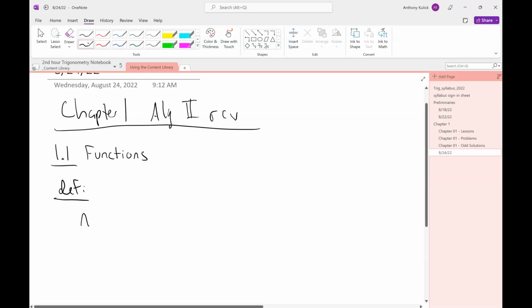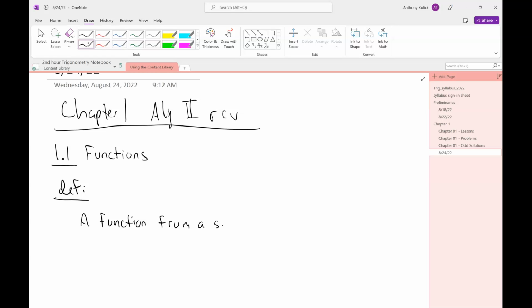So we say that a function from a set D to a set R, so a function is something that connects two sets together, is an assignment, or a rule, you could call it, or a map.